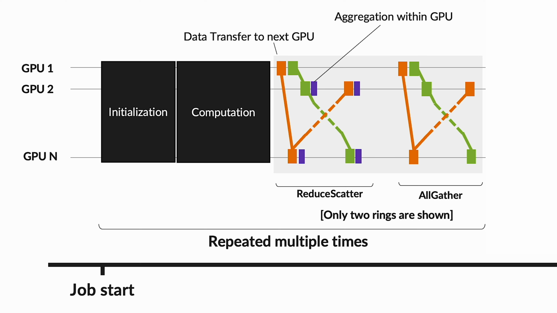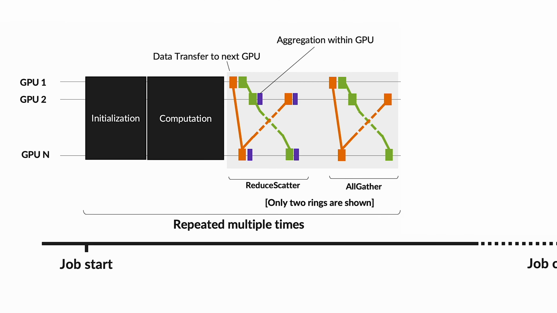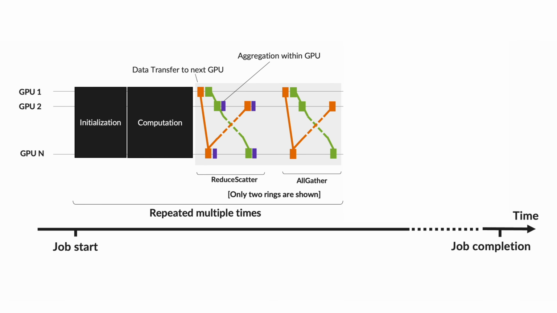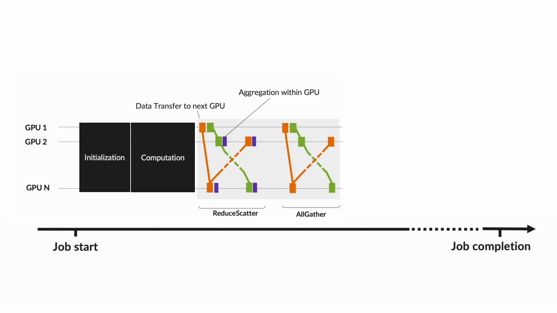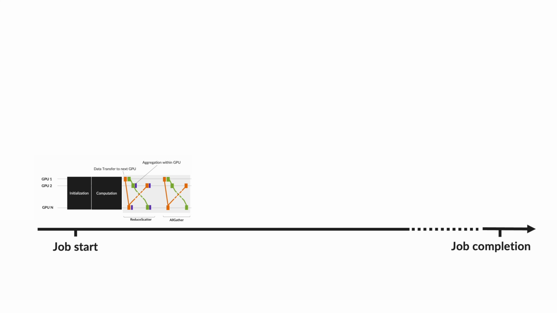We also have aggregation within GPU. Each GPU processes the received data, potentially performing operations like reduce scatter, which is reducing data and scattering across multiple GPUs, or all gather, which is gathering data from all GPUs to each GPU, which is shown in purple here. But the most important aspect is the sequence, which is initialization, computation, data transfer, and aggregation, represents a single iteration.